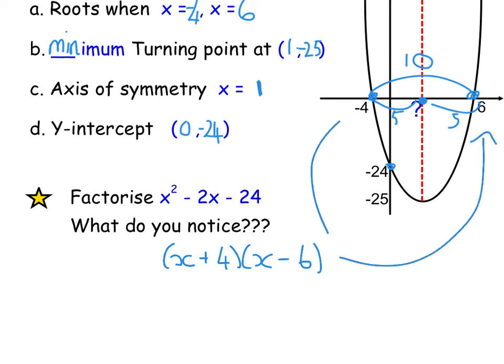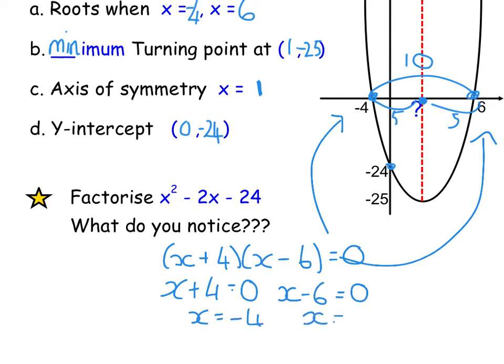There's a 4 and a 6. My signs are the other way round. And the reason is because if I put that equal to 0 and then solve each of these, that gives me x equals negative 4, x equals 6. That matches my roots. So that's why I just threw that in as a wee extra bit.